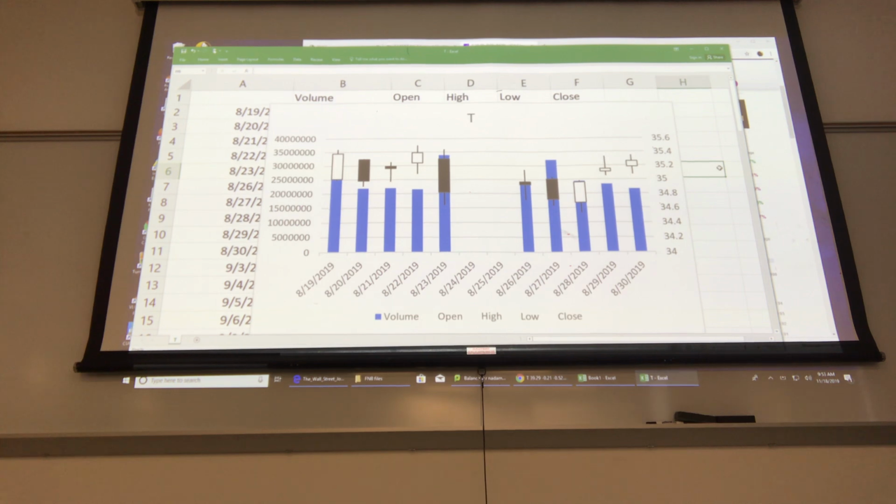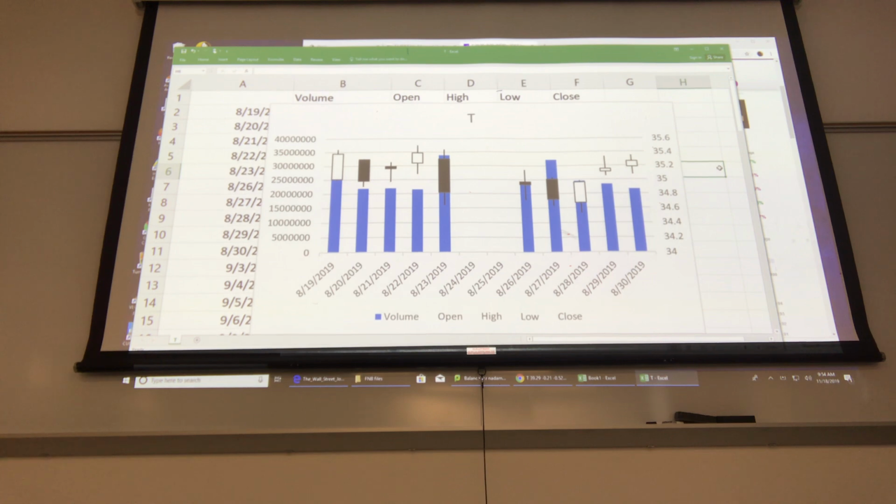And what you see here is an indication of what is going on. The market has two pieces of information. One is the quantity, the volume, and the other is the price. For the price, you have more information than you have for the quantity, because it tells you how much the price changed.